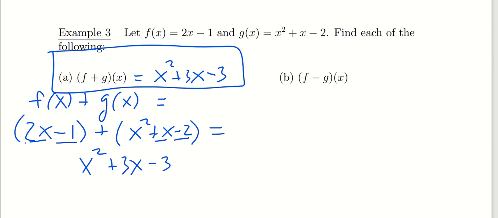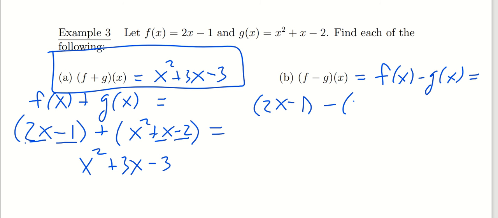Let's now find the function f minus g. This is by definition f of x minus g of x. Now I will use parentheses again, but this time they're absolutely going to serve a purpose. We're taking the function f of x, and we're subtracting from it the function g of x. This is important because notice that g as a function has multiple terms. Therefore, if you're going to be subtracting g of x, we need to make sure that we're subtracting every single term that's a part of it.